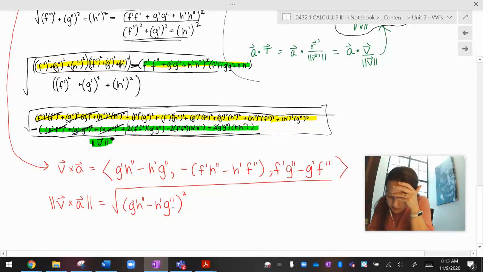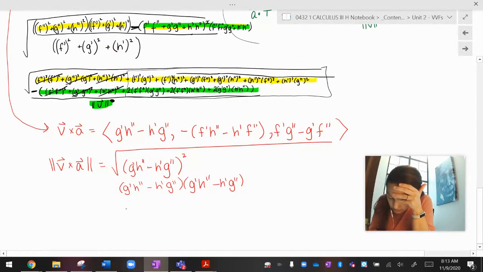So if I have g prime h double prime minus h prime g double prime, squared, that's really this thing times itself, which is really going to be g prime h double prime squared minus 2 g double prime h prime plus g double prime h prime squared. Does that feel right? That doesn't feel right. What have I done? No, g prime h double prime squared.